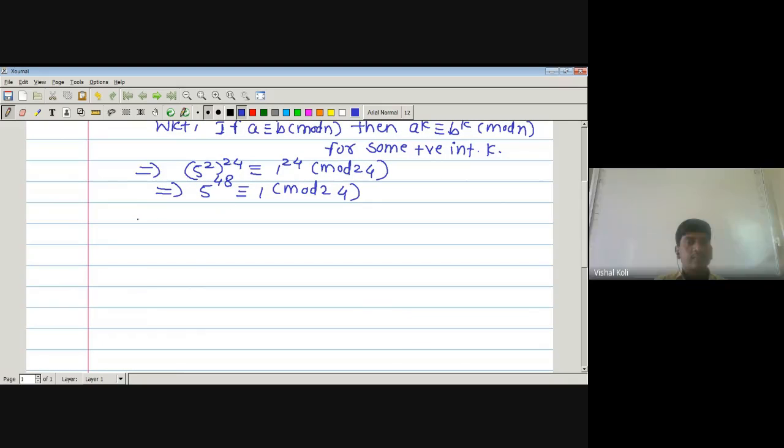Therefore, when 5 to the power 48 is divided by 24, the remainder is 1.